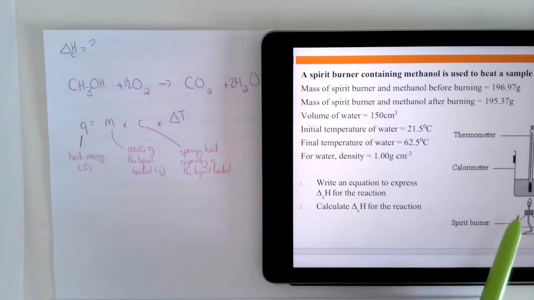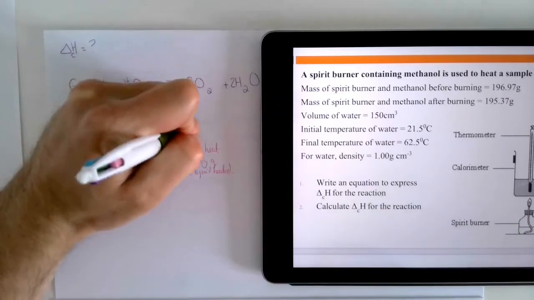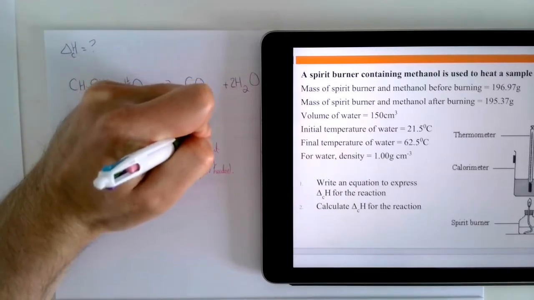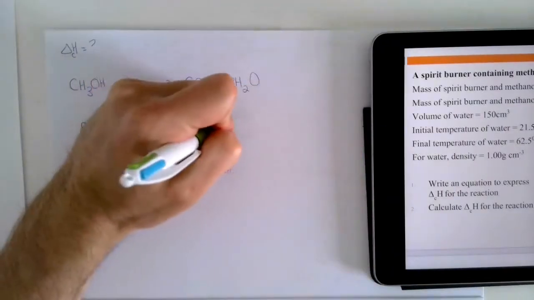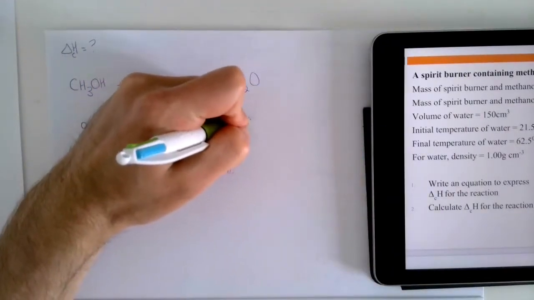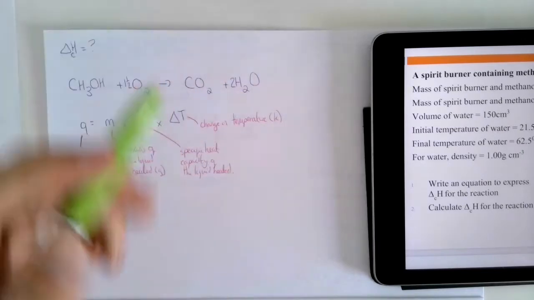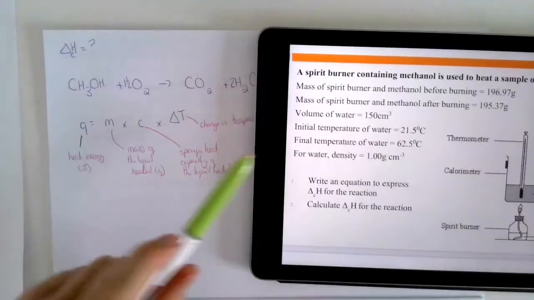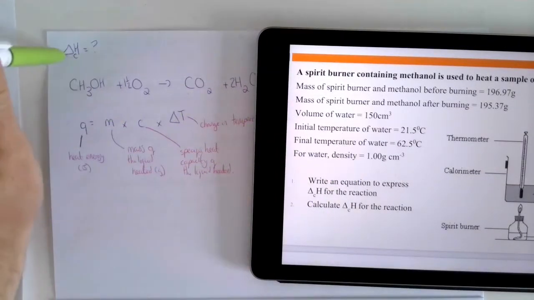In this question, the liquid being heated was water, but we'll come back to that. And the final term, delta T, is the change in temperature in Kelvin. So we can use this equation along with this data to work out the energy change for the reaction.